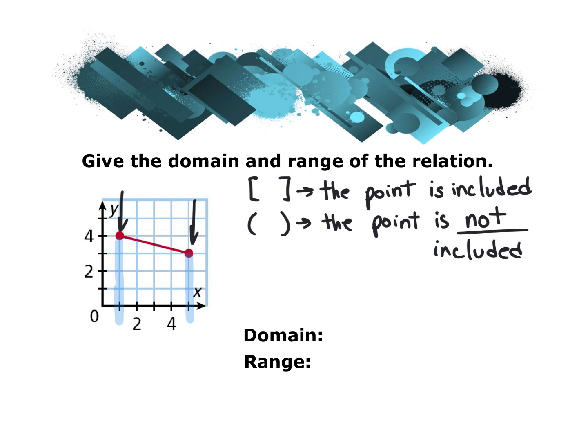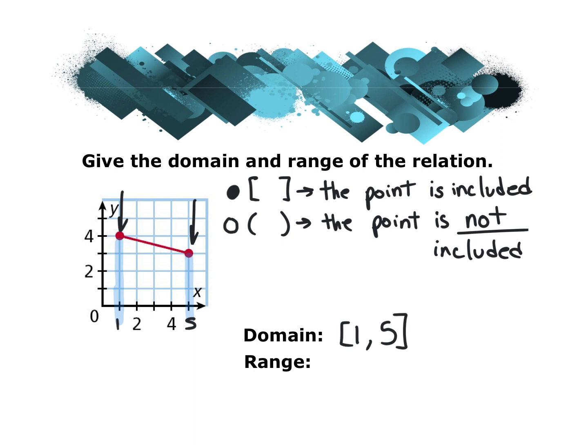The most left point is 1 and the biggest one is 5. Now, because it's a closed circle, you guys should remember this from the inequalities. It's included, and an open circle means it's not included. So, closed circle, we're going to use a bracket. 1, comma, 5. Close the bracket.